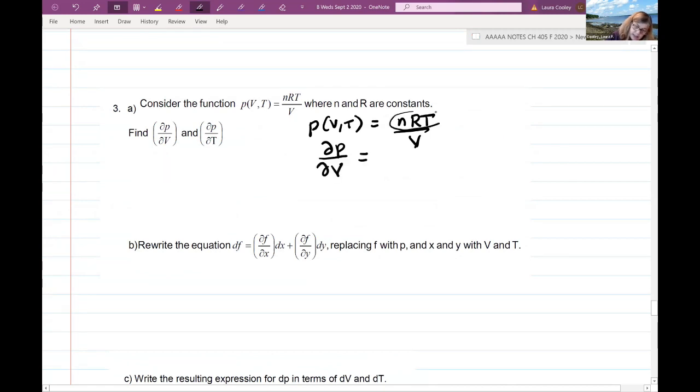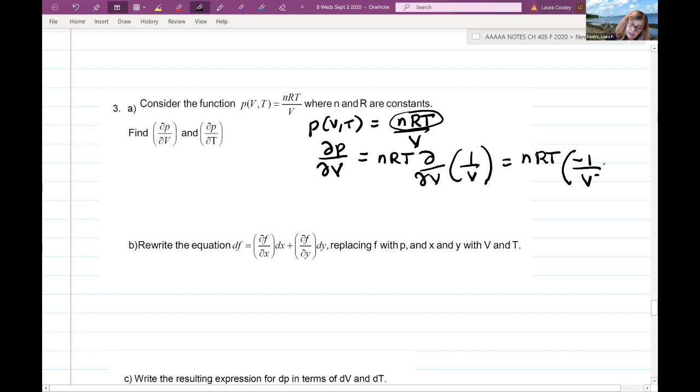Well, I treat these as constants. So it's basically going to be nRT times the derivative with respect to volume of 1 over V, which is negative 1 over V squared. So this is nRT times negative 1 over V squared, or minus nRT over V squared.